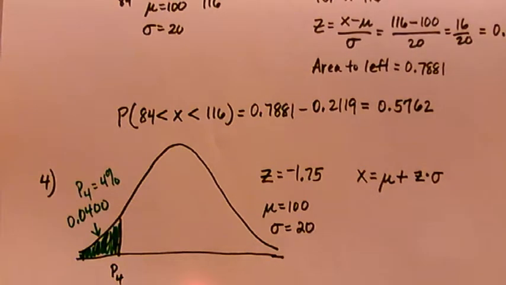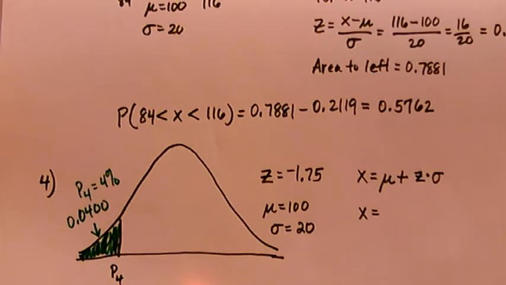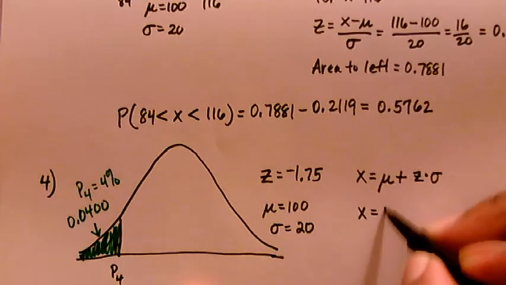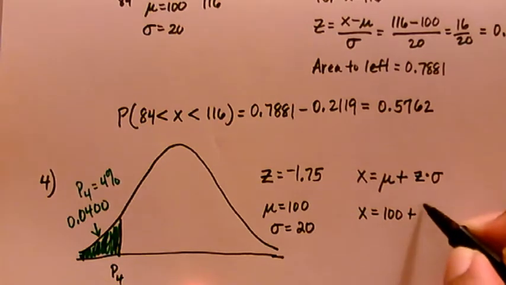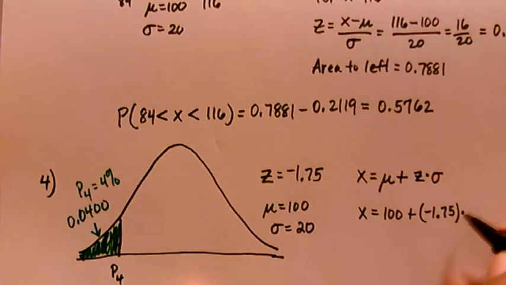Okay. So to find X, we just substitute those values in this formula. X is equal to mu, which is 100, plus Z, we found that out to be negative 1.75, times sigma, that's 20.